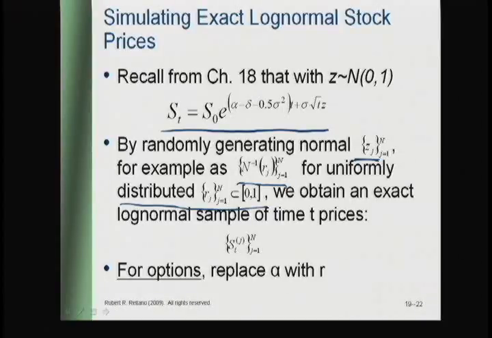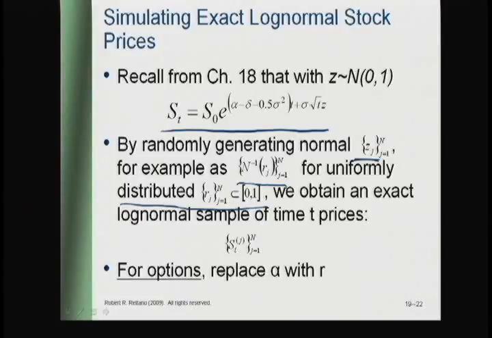So we can generate a random sampling of z's, and for each one of those z's, we plug into this formula, we get an associated stock price. And we therefore have a random sampling of stock prices, and the stock prices we generate will have exactly the right distribution in theory. Obviously, there's sample error, but the more stock prices we generate with this procedure, the more the sample distribution will look like the exact log-normal distribution we aim to reproduce.